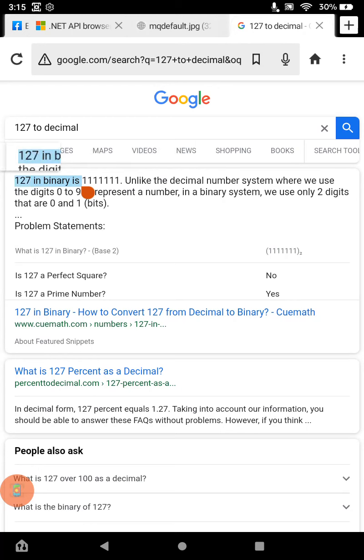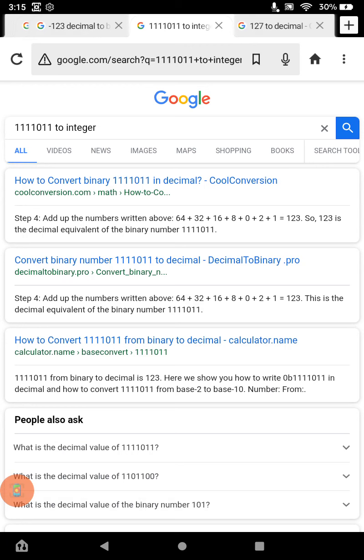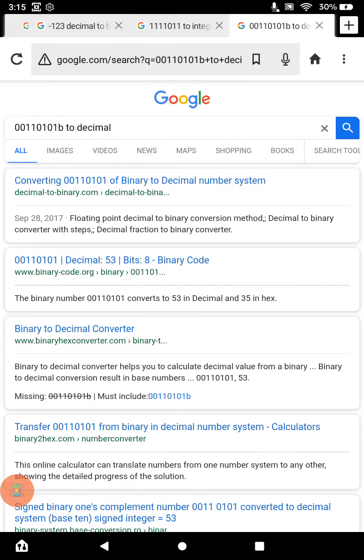If it was negative, this would be a 1, and this would obviously then be negative 53 instead of 53.